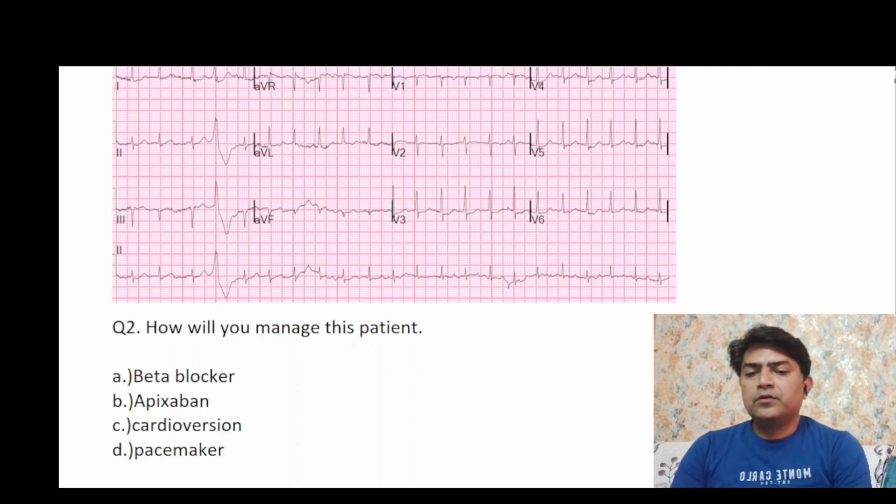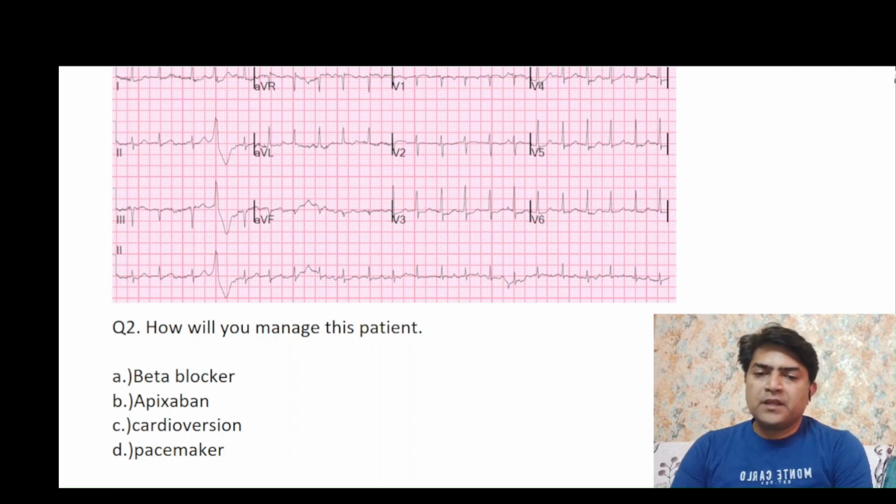That we'll deal with later on. So for now, the answer is beta blockers. And why not cardioversion? Cardioversion we do in unstable patients. And pacemaker is an absurd answer. So pacemaker is not an answer.